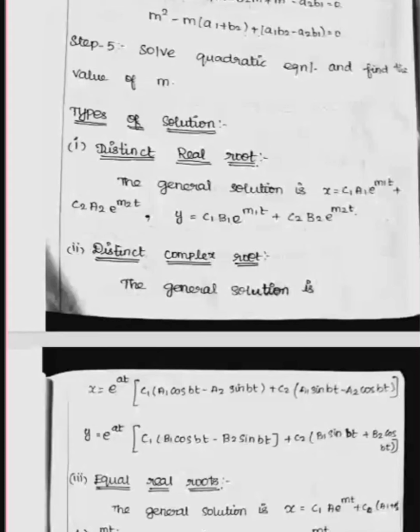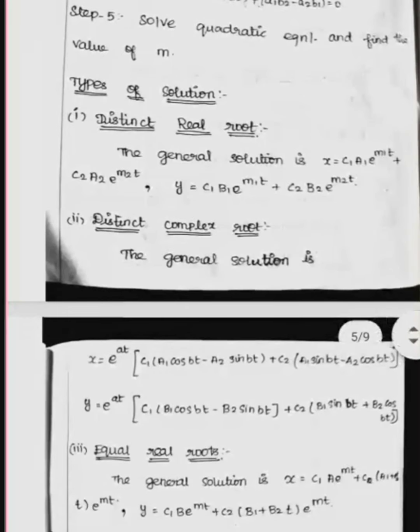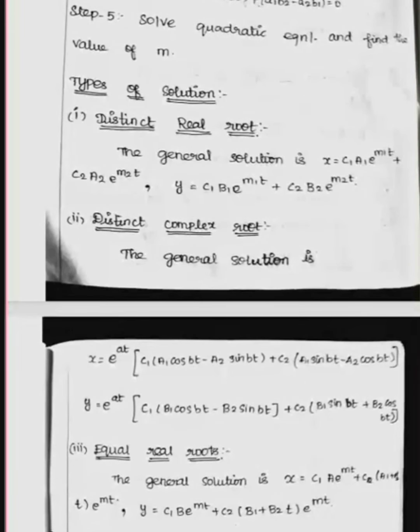And then if the roots are real and equal, the general solution is of the form x equal to c1 into a into e power mt plus c2 into a1 plus a2 into t into e power mt. So in that second unit, you write ax plus b into e to the power mx.